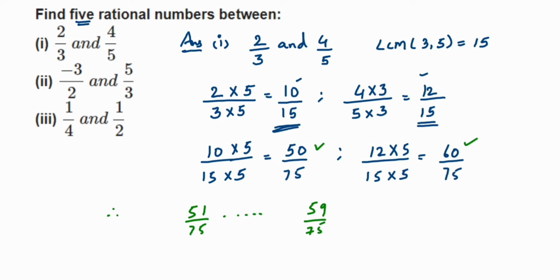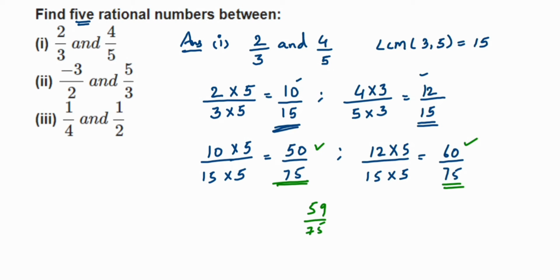Never include the given numbers. 50 upon 75 and 60 upon 75 we should not include. We should exclude them and write down the numbers between. So from 51 upon 75 to 59 upon 75, you can pick any 5 rational numbers and write them down.